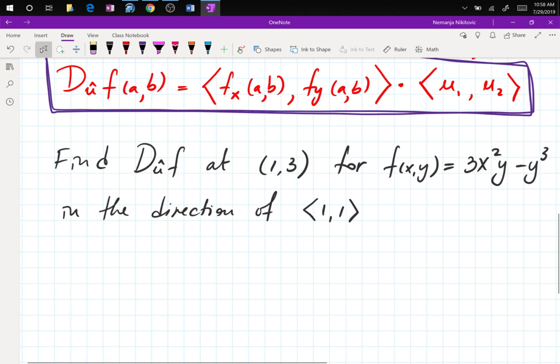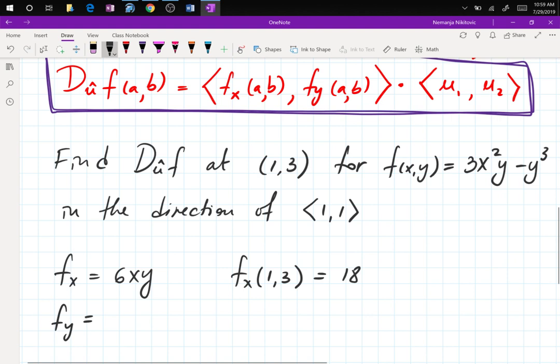Well, you would take a look at the partial derivative fx, the derivative with respect to x, which is 6xy, which computed at 1, 3, you plug 1 and 3 in, is 18. Then we calculate the partial derivative with respect to y, which becomes 3x squared minus 3y squared. So fy at 1, 3 becomes 3 minus 27, which is negative 24.